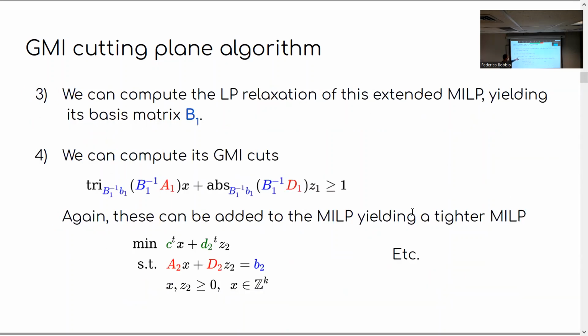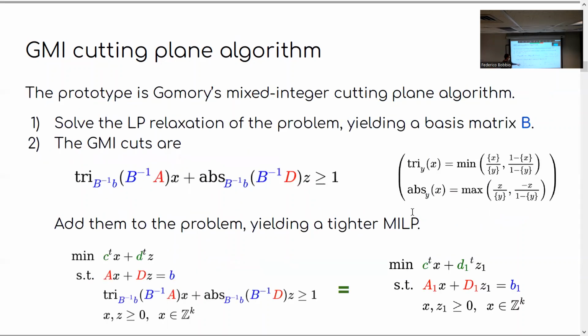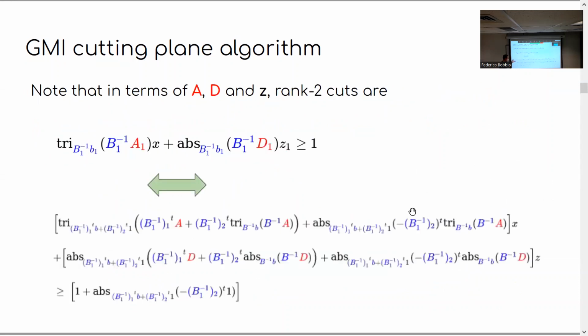So when we have these second rank GMI cuts, we can of course re-express them in terms of the original matrices, the original problem data if you want. And you can do that. It's boring, but you can do the algebra and you end up with something that looks messy like this. And of course, you can do this with the higher rank cuts if you want. The algebra gets really nasty really quickly, but in principle, you can do it.